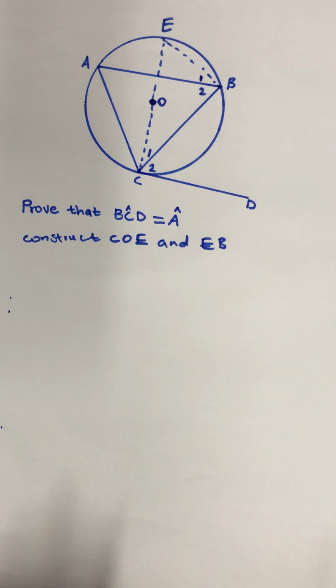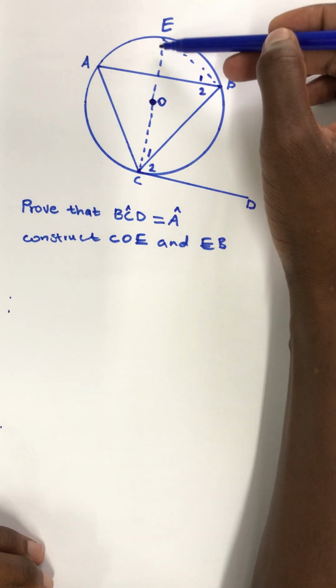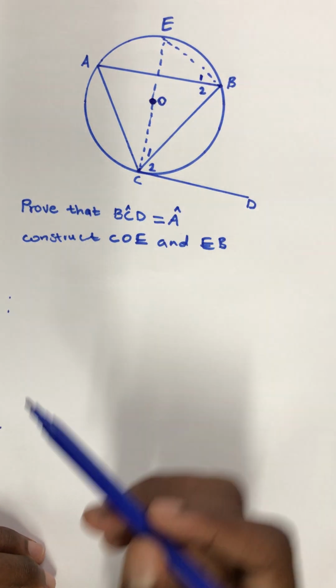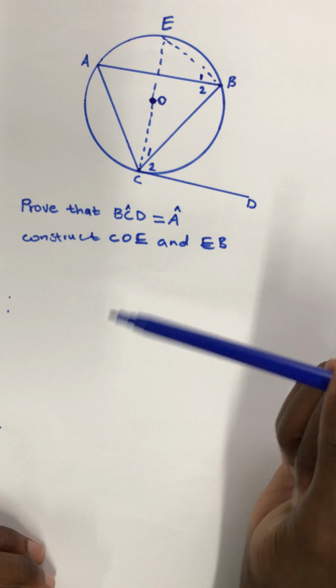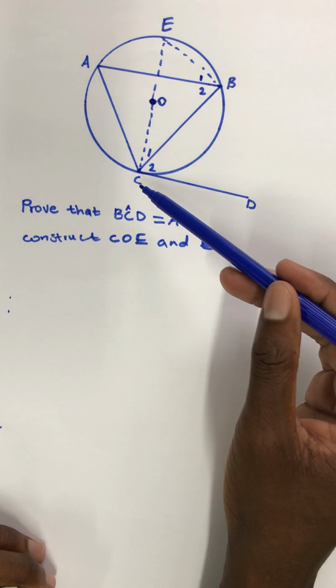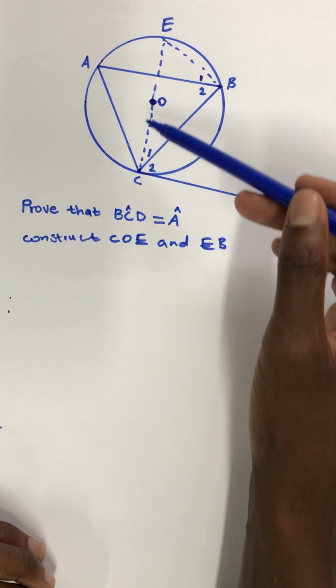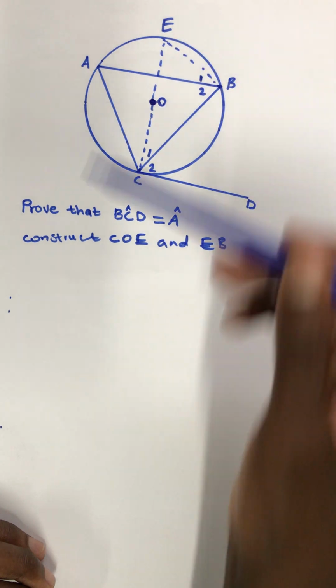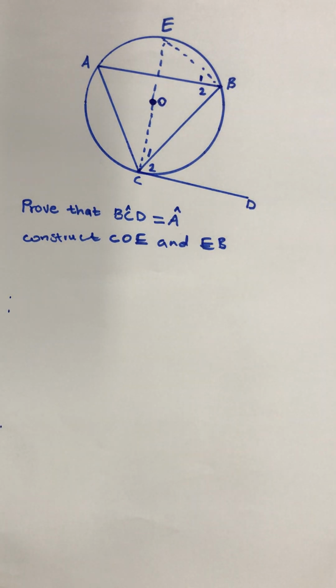So let's start by saying, this is a diameter. We constructed a diameter. Remember, a diameter is a line from the circumference of the circle passing through the center of the circle and to the circumference of the circle.